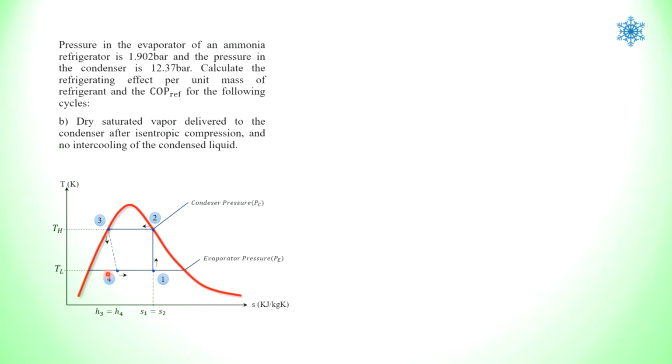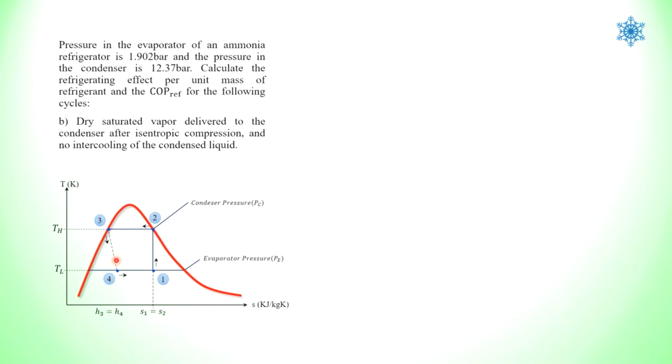But for an ideal vapor compression cycle, state point 3 to 4 here would be irreversible. So that is where you have your thermal expansion valve, replacing the job of the turbine.